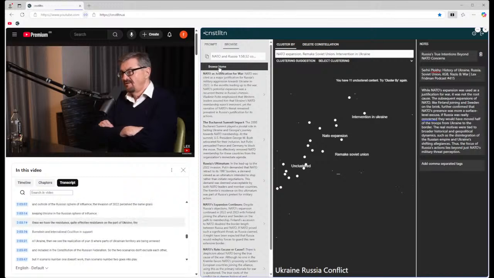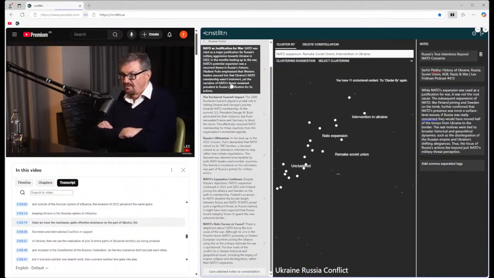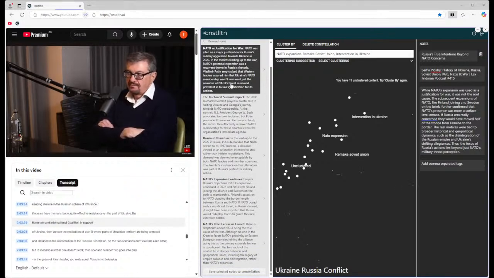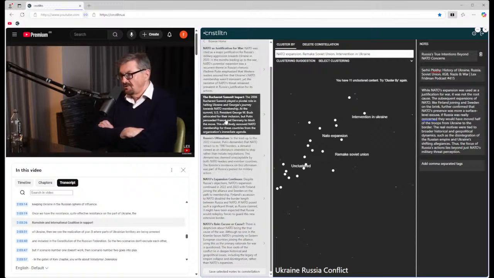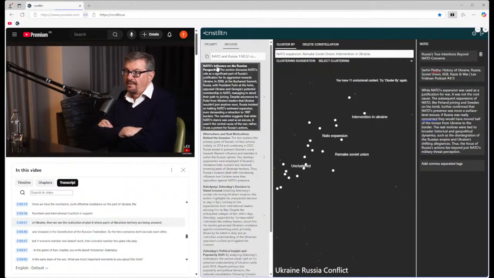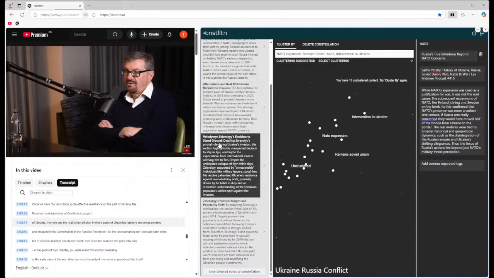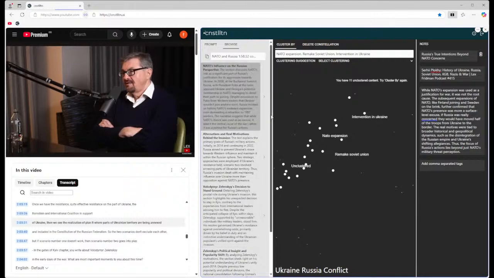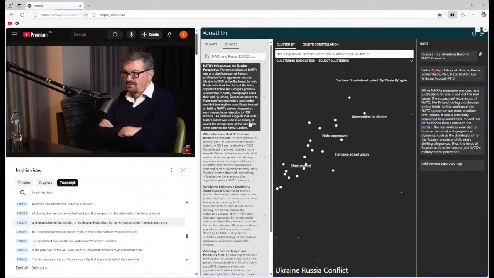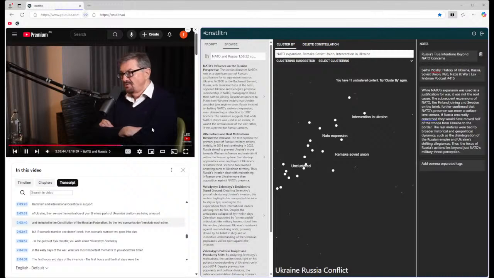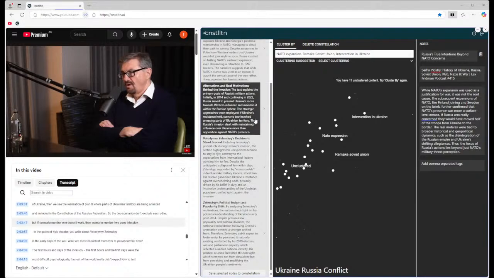Once we have the resistance, quite effective resistance on the part of Ukraine, the Ramstein coalition, the international coalition in support of Ukraine, then we see the realization of Plan B, where parts of Ukrainian territory are being annexed and included in the constitution of the Russian Federation. So the two scenarios don't exclude each other, but if scenario number one doesn't work, then scenario number two goes into play.